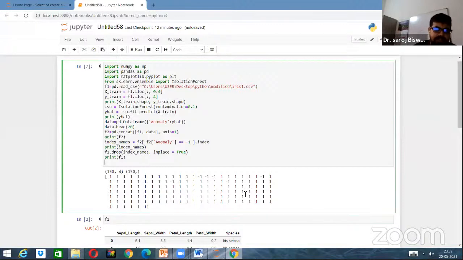That's my objective. That's why I made this one a data frame. Now this is a list, and whenever I want to concatenate two things together, both have to be data frames. If they are not data frames, then I cannot concatenate. So I made it a data frame like that. As you see here, simple. In that way, a data frame can be created.